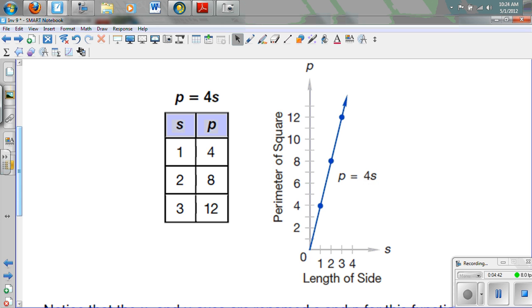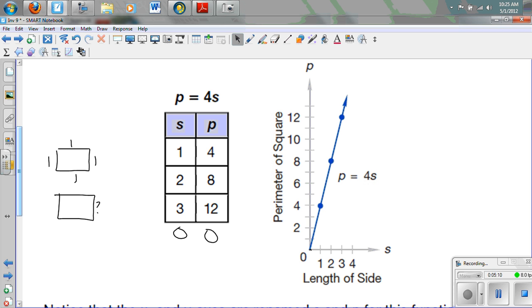If we think about what this is, we have a perimeter of a square that has side length 1. Can we have a perimeter that doesn't have any side length? That's not possible, because we can't have a perimeter if we don't have some side length. So we start out really at 0, 0, because if we have 0 side length, we have 0 perimeter.